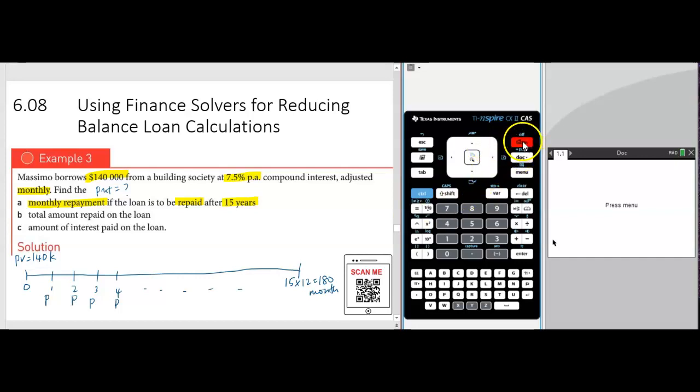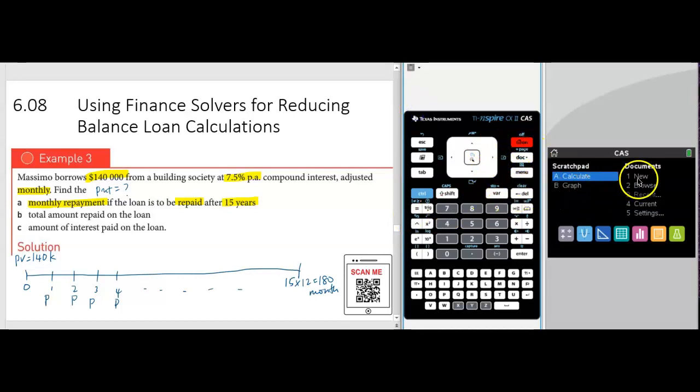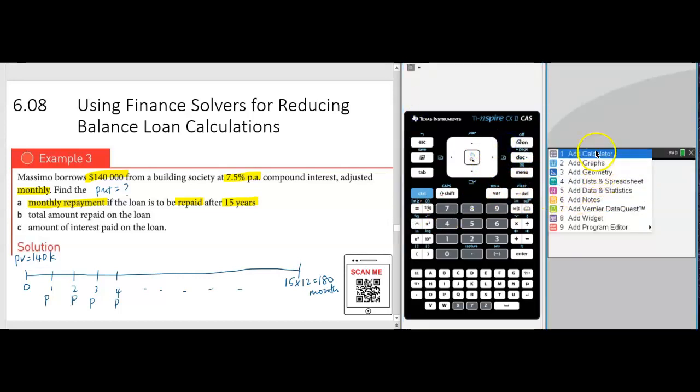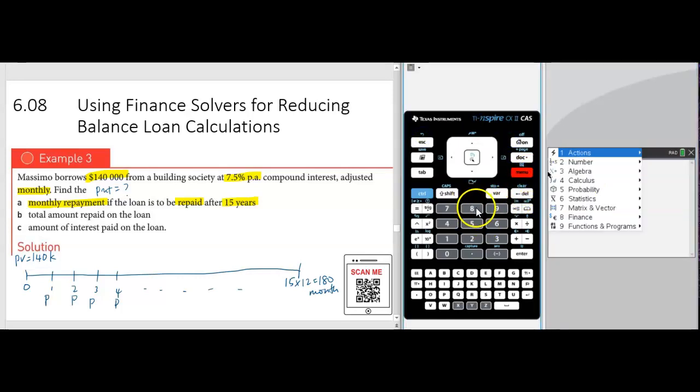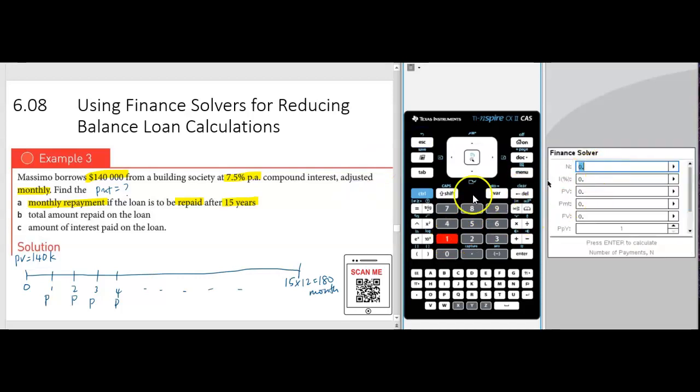I'm going to use the calculator. On button, 1 new, then add calculator, right menu, 8, 1, finance solver. So from here, you know your interest, 7.5%, CPY equals PPY equals 12.